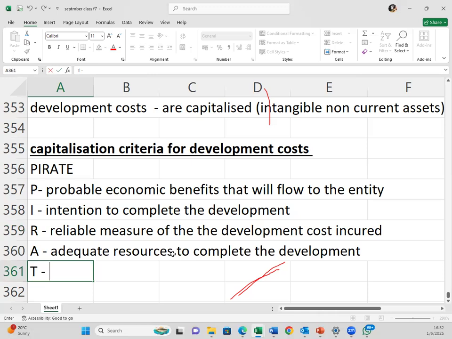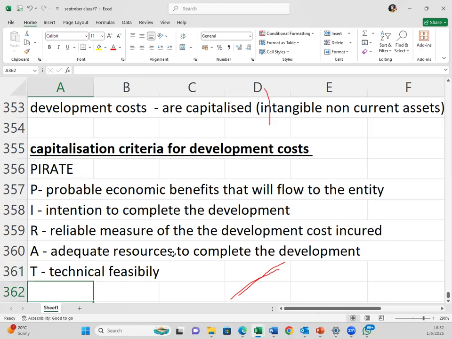Then the next one is technical feasibility. After we have completed the development, is it capable of being used to give us the solutions that we need? Is the development feasible?